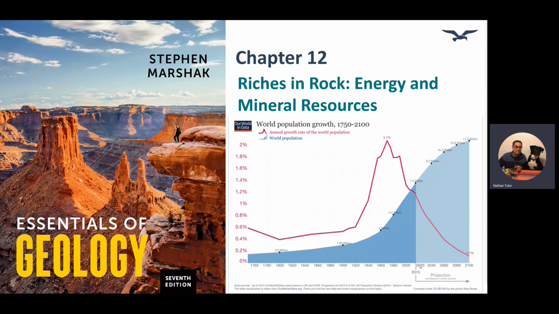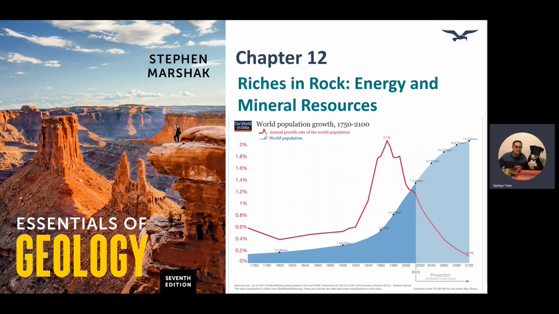Here we are today at 2020, and we're actually over 8 billion people now. But over the next 50 to 100 years, we should start to level off in terms of population growth, somewhere between 11 and 12 billion people on Earth as our sustained population, as the projections show.